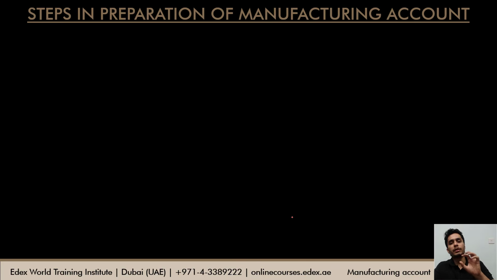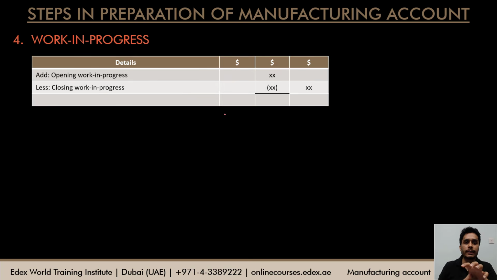So can I say that whatever costs have been incurred during the year but at the end have not yet been completed into finished goods but are yet in work in progress can be subtracted, and hence I have less work in progress at the end, closing work in progress.